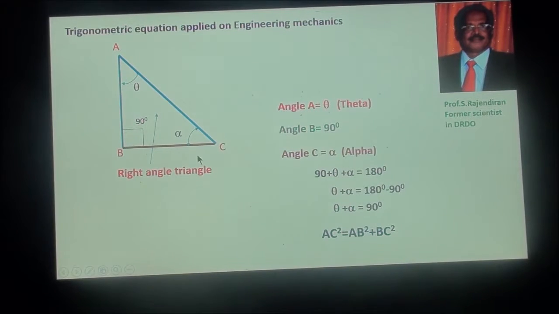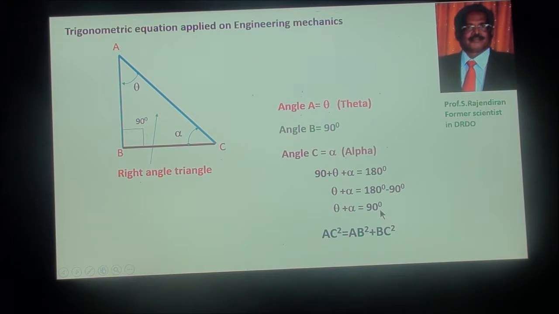Or otherwise, you can say angle A plus angle B plus angle C is 180 degrees. Since it is a right angled triangle, the angle B is 90 degrees. We say 90 plus theta plus alpha equals 180 degrees, and thereby we get theta plus alpha equals 90 degrees.